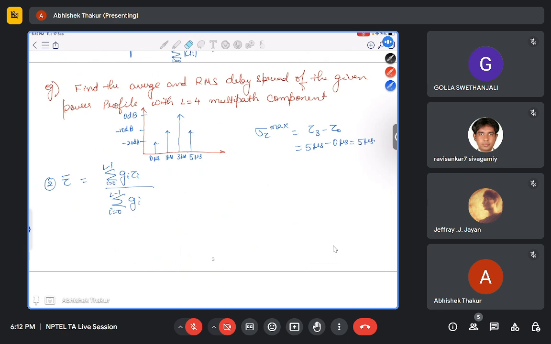Let's make a table. At t equal to 0 microsecond, 1 microsecond, 3 microsecond, 5 microsecond, the gain in dB was given as minus 20 dB, minus 10 dB, 0 dB, and again minus 10 dB.